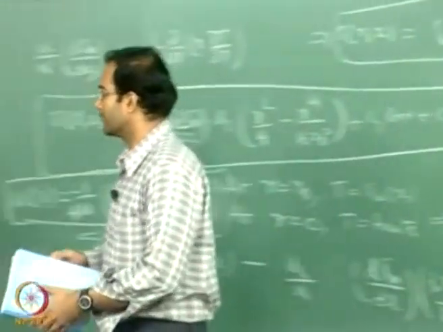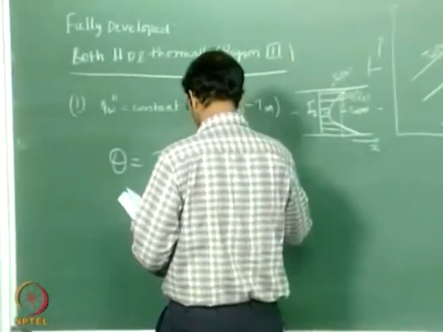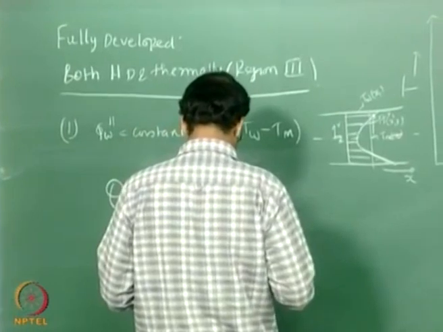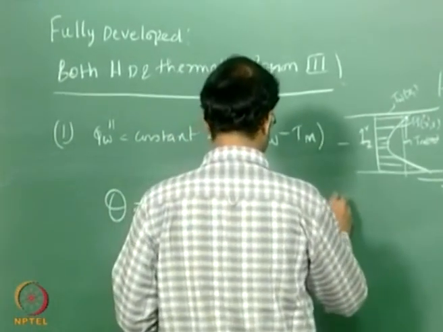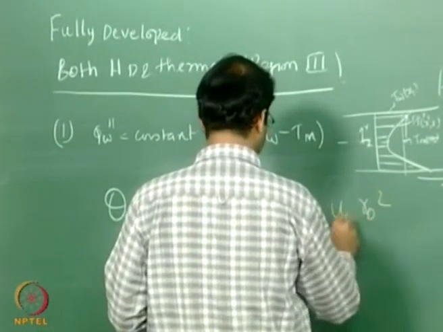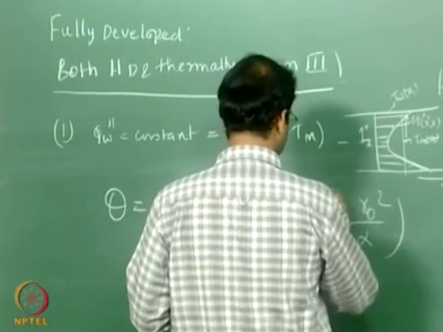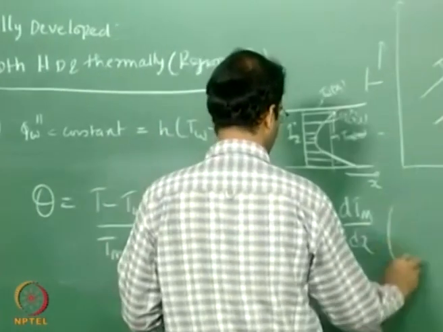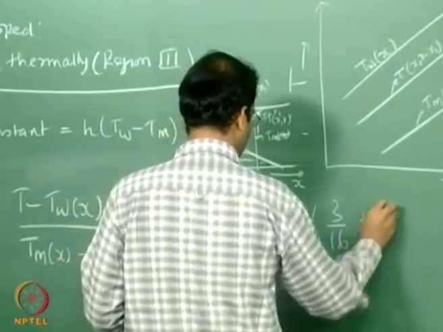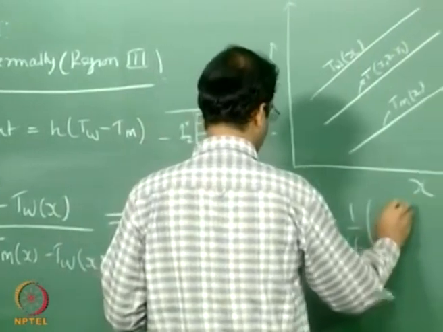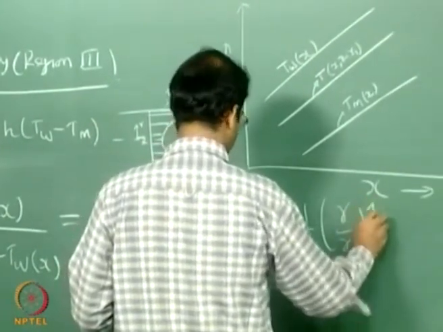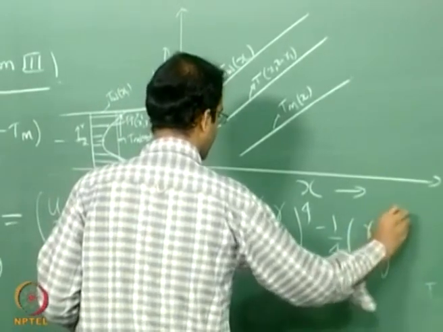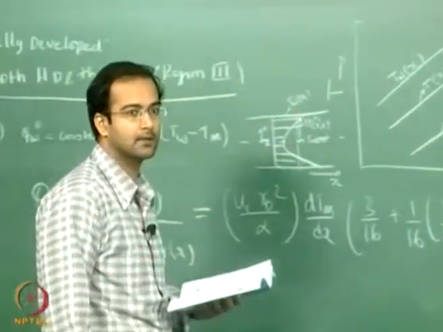If you just substitute those expressions, T minus T wall will be UC r naught square by alpha into dTm by dx into 3 by 16 plus 1 by 16 r by r naught to the power 4 minus 1 by 4 r by r naught square. So that is basically T minus Tw.